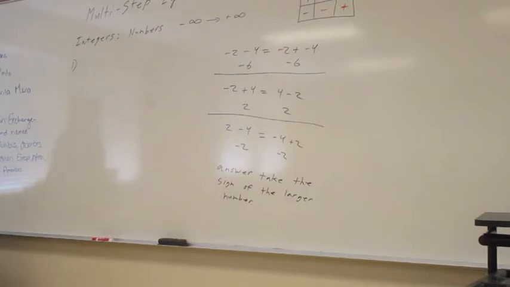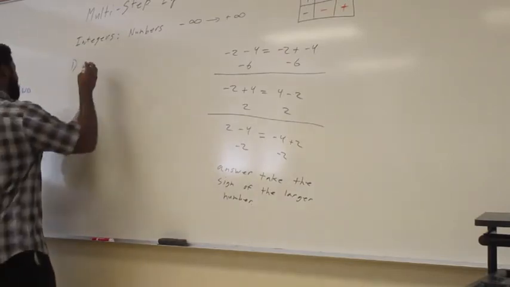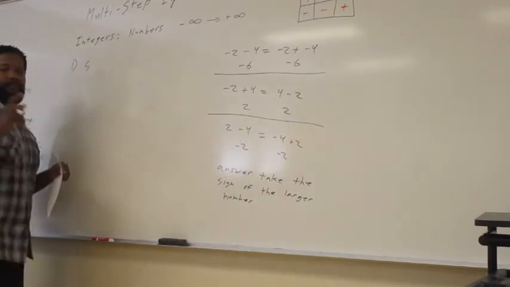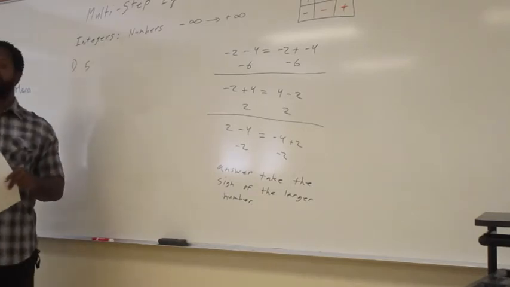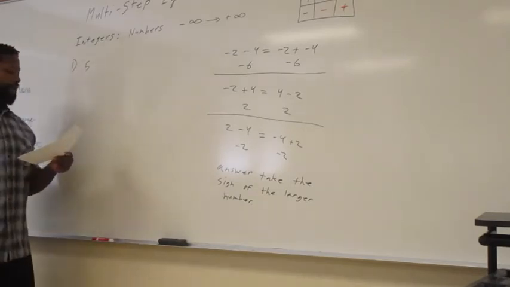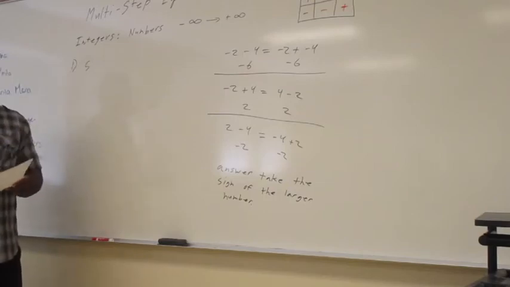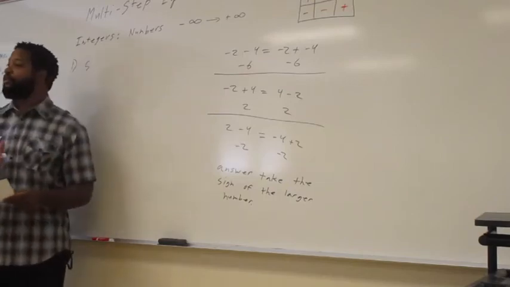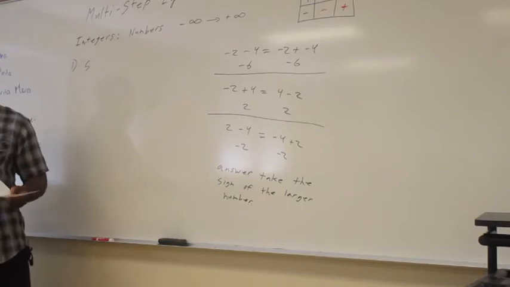So, number 3 says 5b minus 5 equals 4b minus 2. Now, I'm gonna be honest. What I'm gonna do, I'm just gonna put x's for all of my variables. Your variable can be whatever you want it to be, A, B, C, D, E, F, G, I don't care.